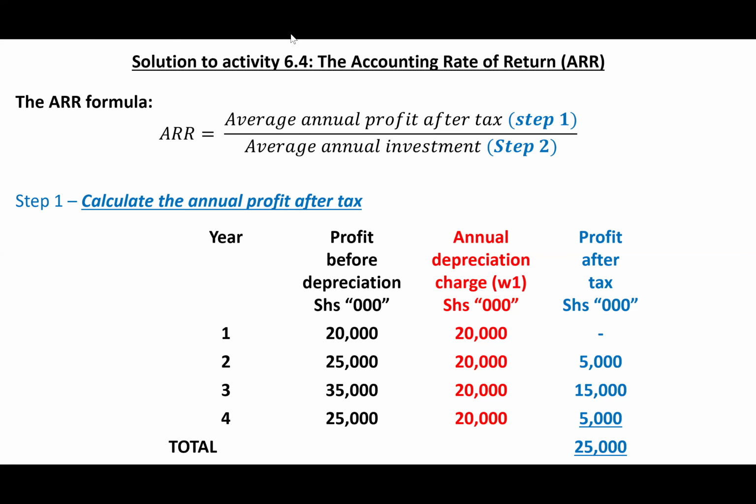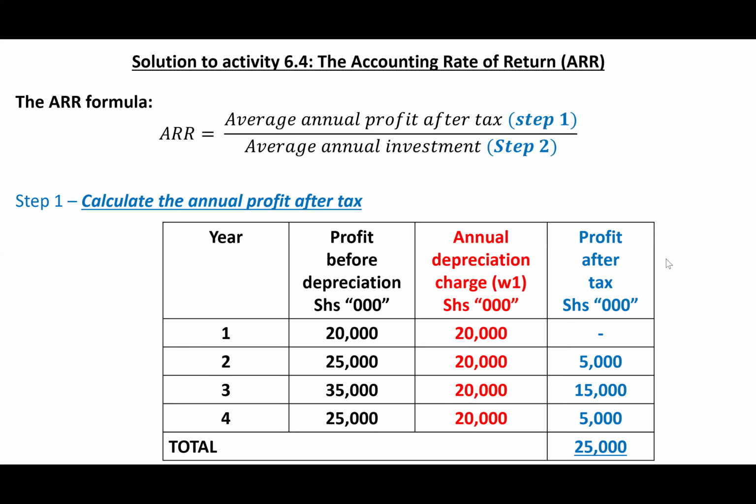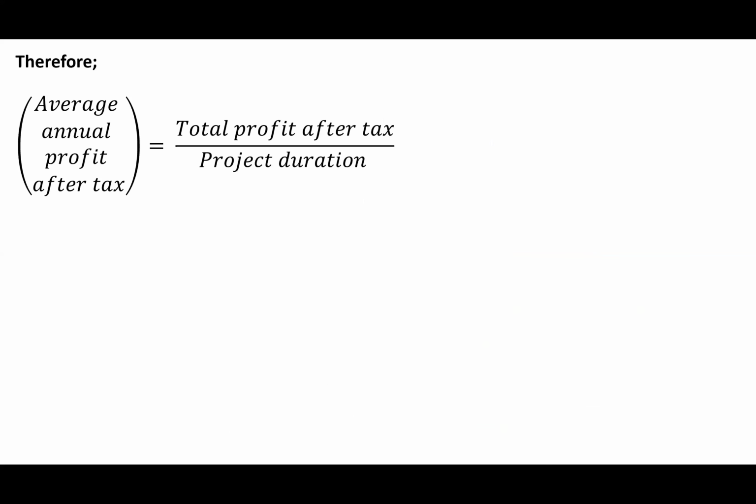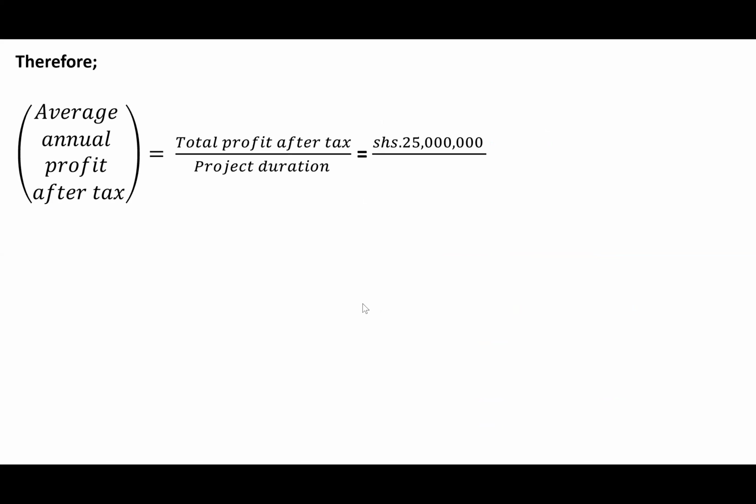All right. Let us continue. So the average profit after tax, we shall get the total profit of 25 million divided by 4 years. This gives us about how much?